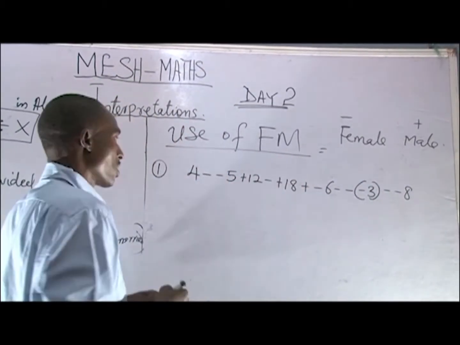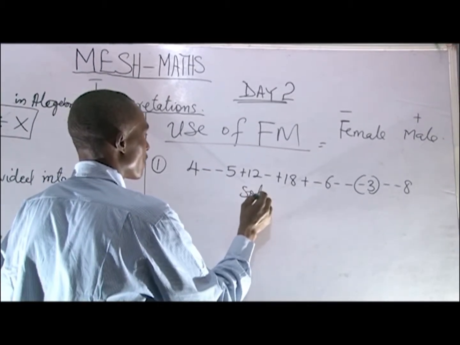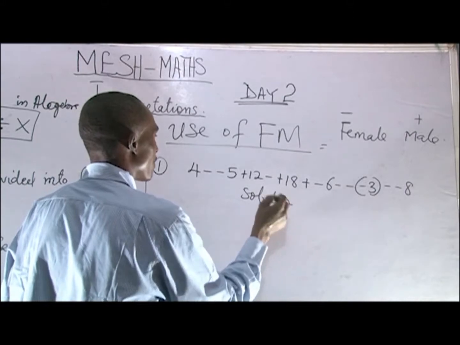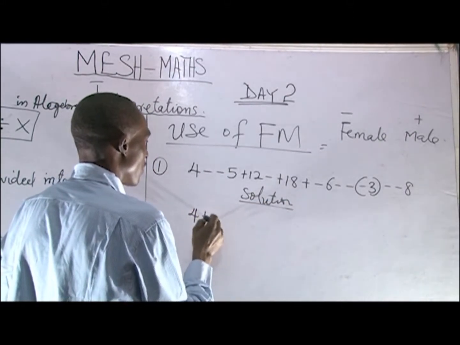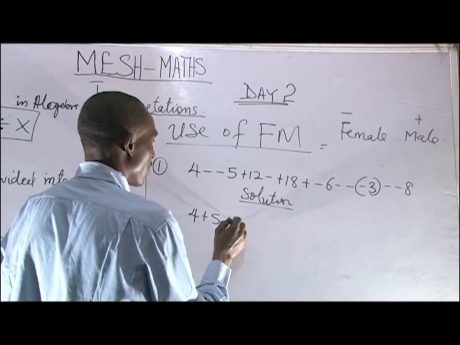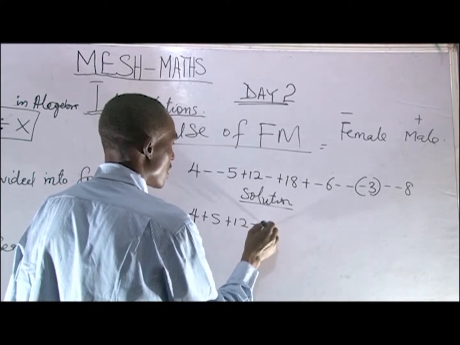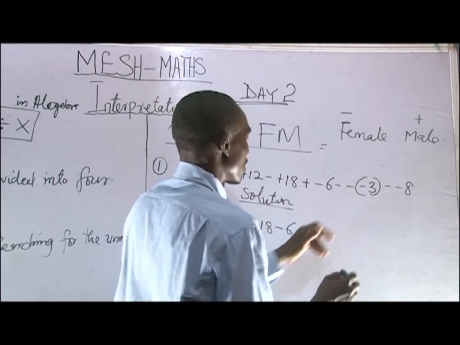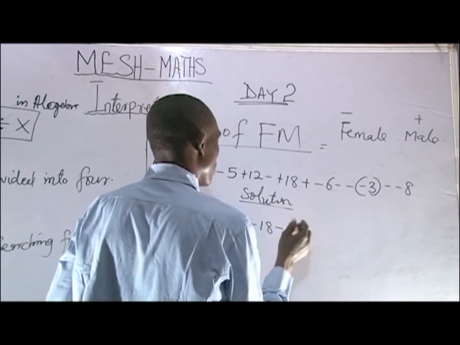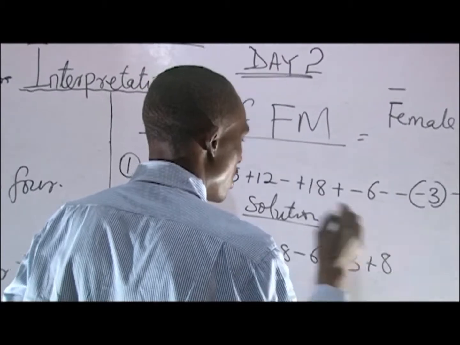Then quickly just go straight. So we'll bring out the solution. So the 4, 5, 12, this minus 18, minus 6, this gives you plus, then the minus, that's giving us minus 3, then plus 8.